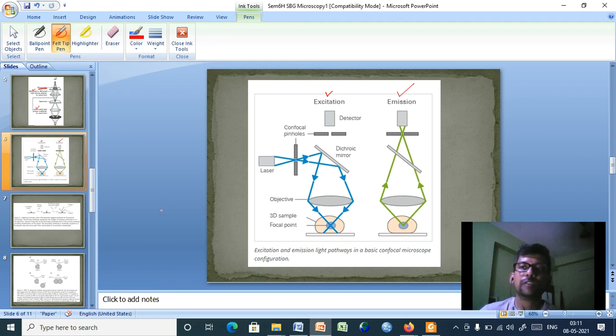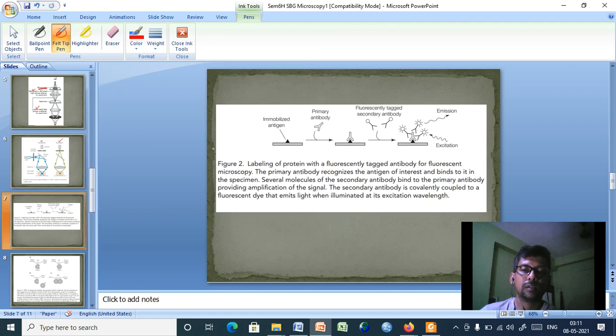Now, in fluorescence microscopy, what we want to discuss initially at this point is that in this microscopy we have to use some fluorescent compounds. This is very important to note.